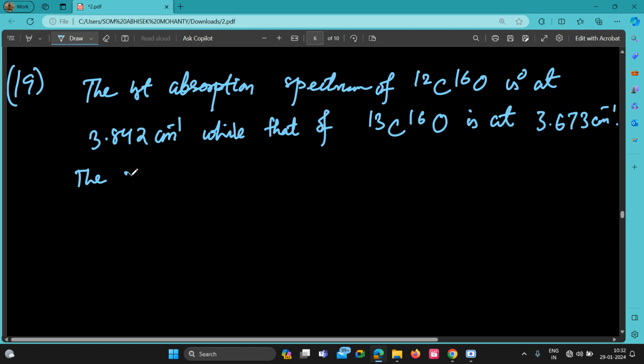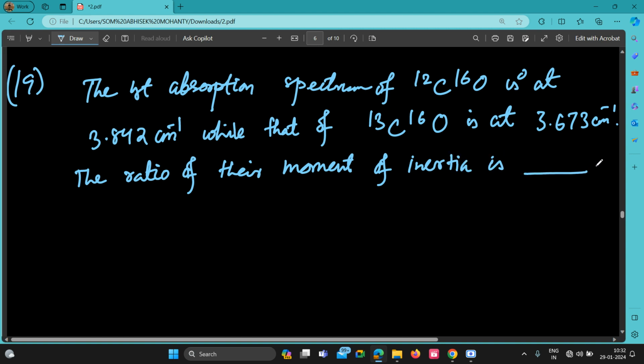The ratio of their moment of inertia is, okay, let's calculate.